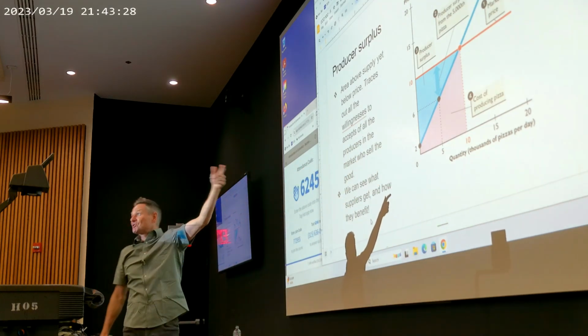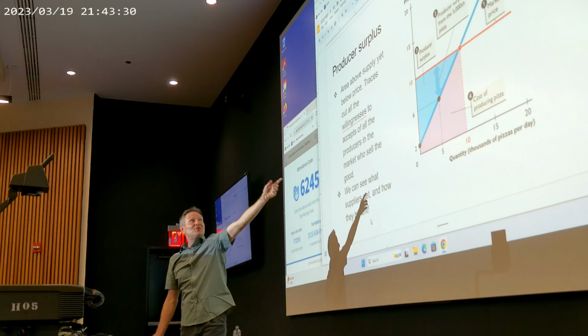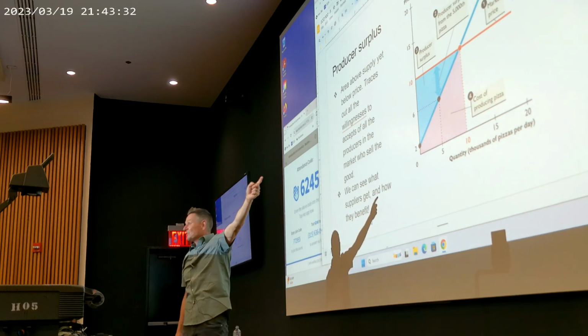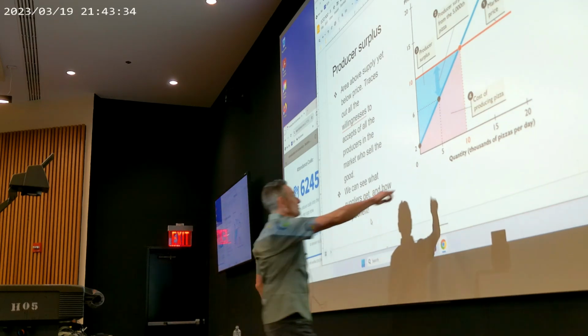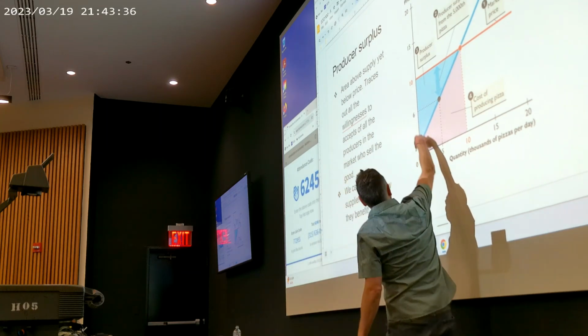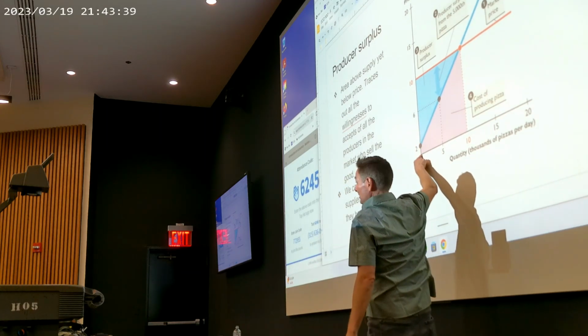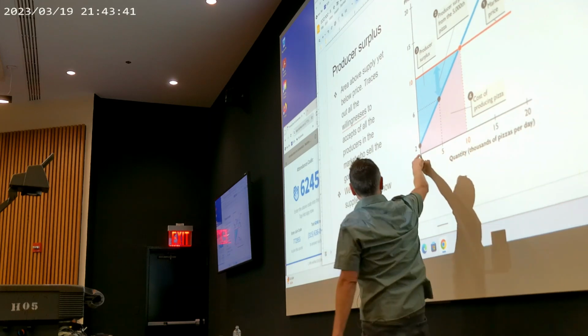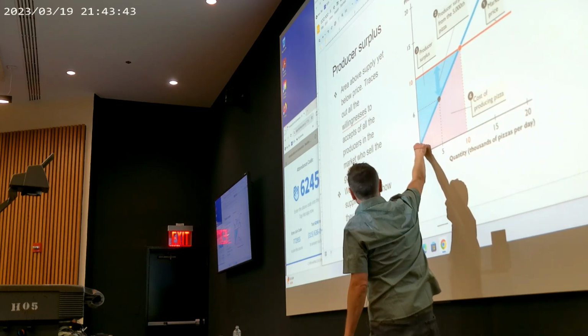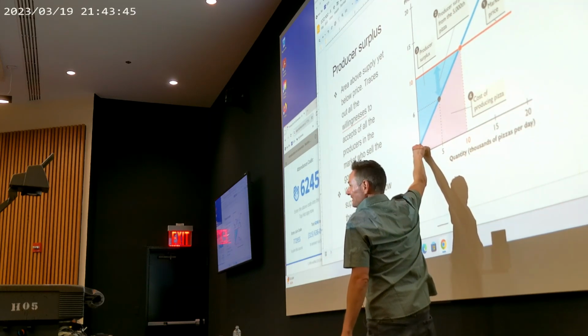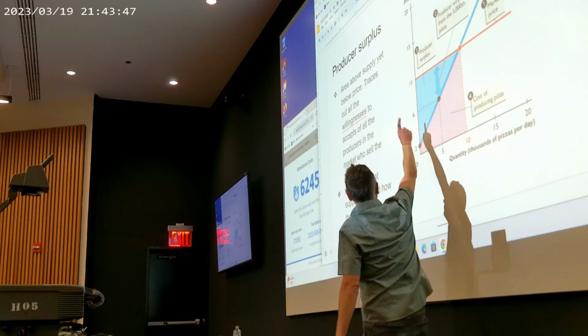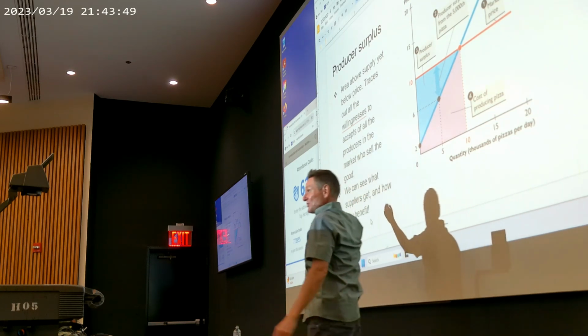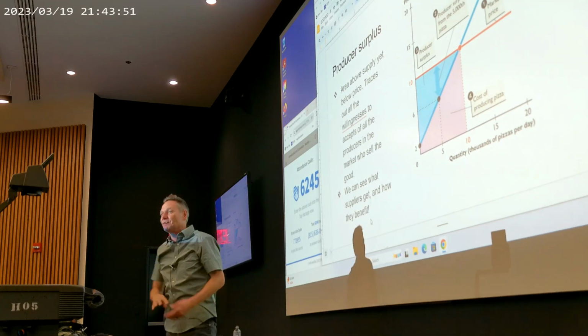The blue area is then the surplus, right? The price here in my example is 10. So if you take 10 and subtract the cost of producing the unit, from this very first pizza, I have 5,000 pizzas. The very first one, the surplus is something like $8, right? Because it's easy to produce that first pizza, and it still gets $10, as does every unit sold in the market.